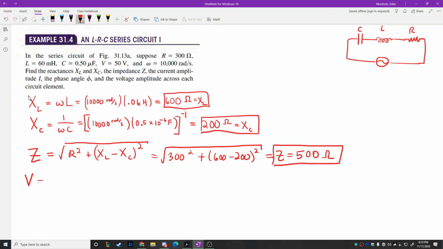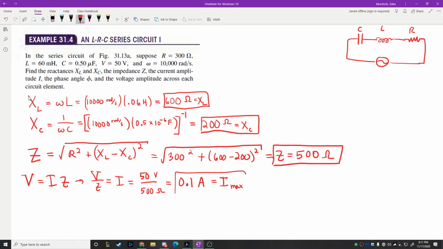So the maximum voltage in the system, V, is equal to I times Z. So if I do V over Z, we get I. Again, this is going to be I max. Our voltage was given in the problem as 50 volts, and we divide that by Z, which is 500 ohms. And so we get 0.1 amps. That's the maximum current.